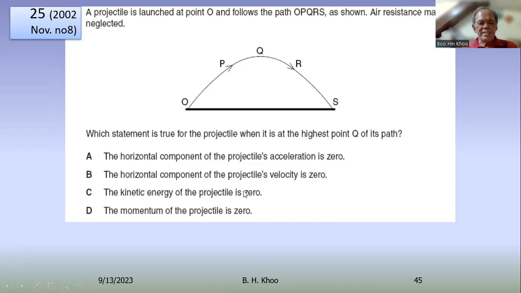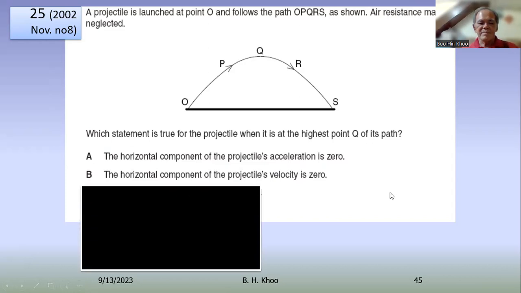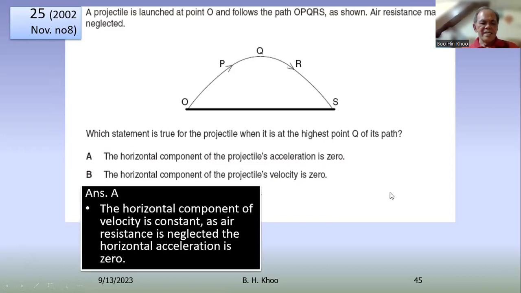Kinetic energy of projectile is 0. No. Right? It has a horizontal velocity, so kinetic energy is not 0. Momentum of projectile is 0. Momentum cannot be 0 because it still has a horizontal component. Right? Answer is A. Horizontal component of velocity is constant as air resistance is neglected. Horizontal acceleration is 0.